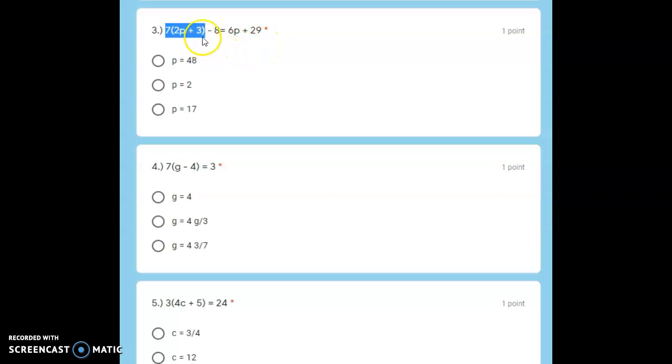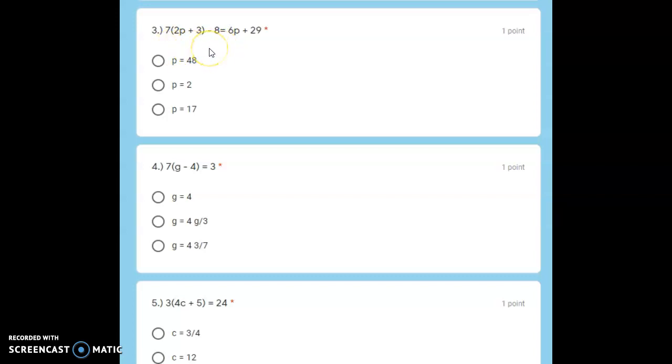Now, you could definitely go ahead after you solve that, and you could combine the plus 21 and the minus 8 to simplify that even further.